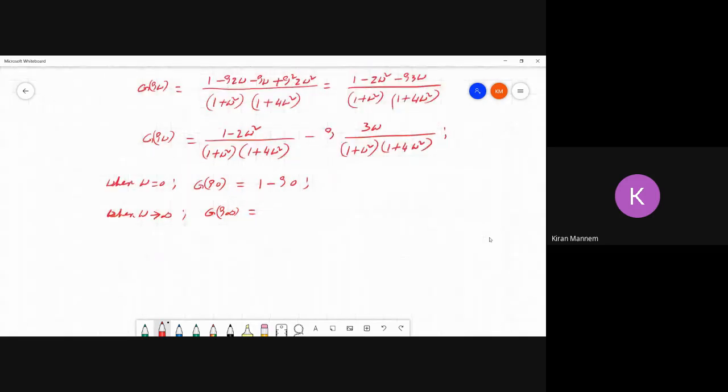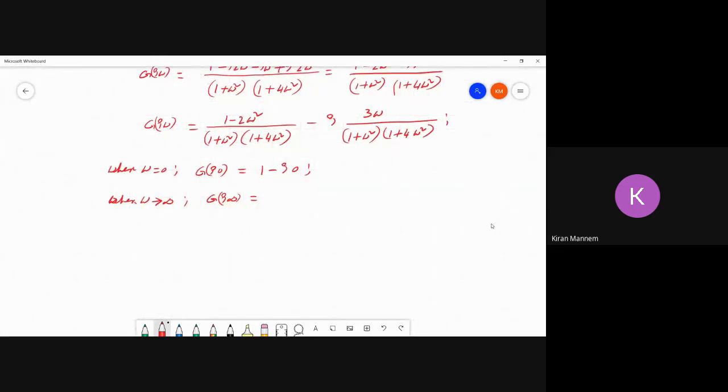Very critical point in the polar plot, substituting infinity values.